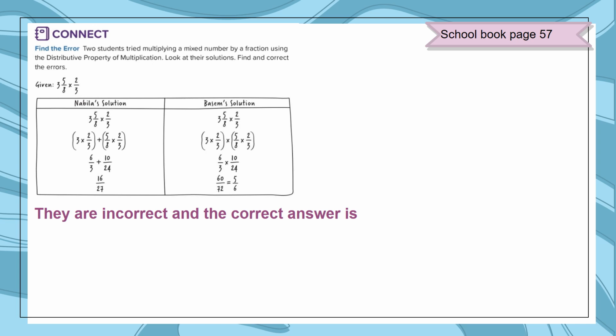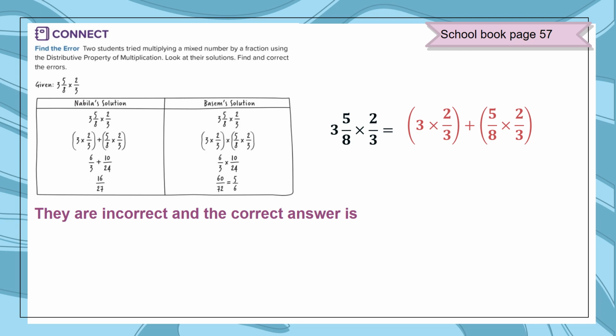They are incorrect, and the correct answer will be, I need to multiply 3 and 5 over 8 by 2/3. So 3 and 5 over 8 means 3 plus 5 over 8. Then I will distribute, or multiply, 2/3 with 3 plus 2/3 with 5 over 8.